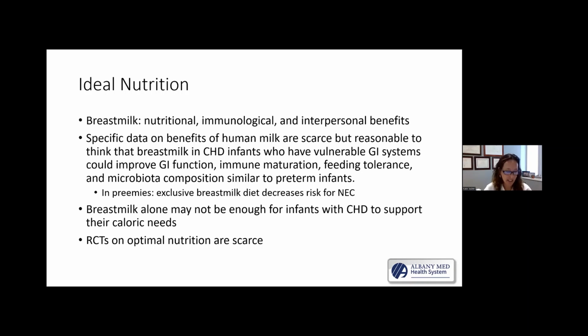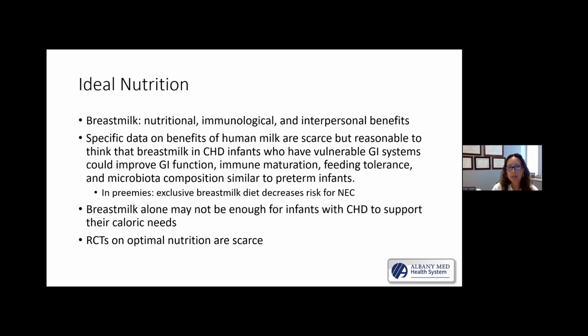However, the specific data on benefits of breast milk for congenital heart disease infants is scarce, but it's reasonable to assume that given the benefits of breast milk that we know, these infants who have vulnerable GI systems could be helped in terms of GI function, immune maturation, and feeding tolerance, and microbiota composition if they are fed breast milk.